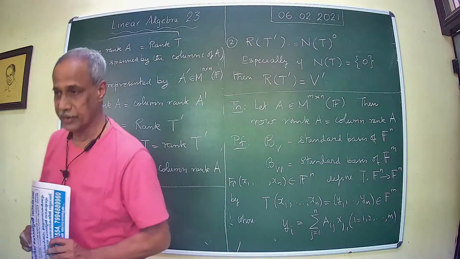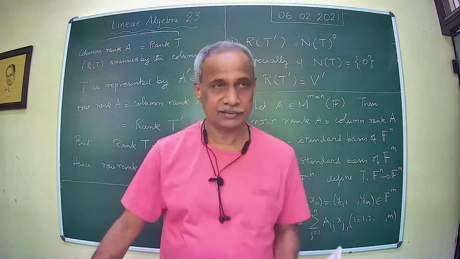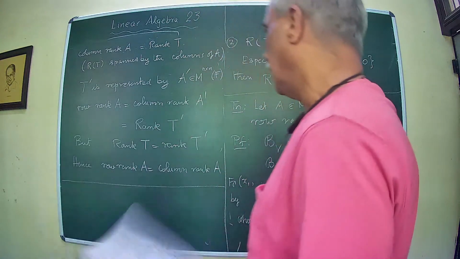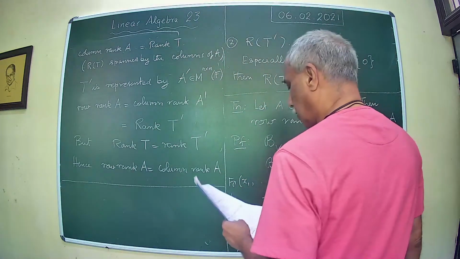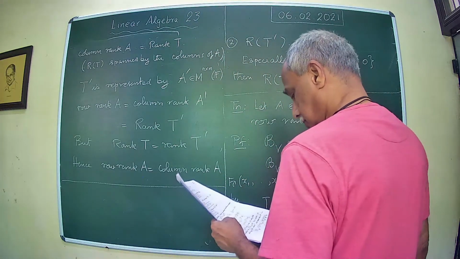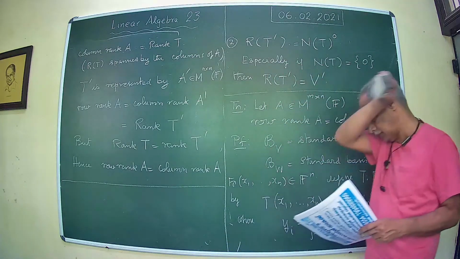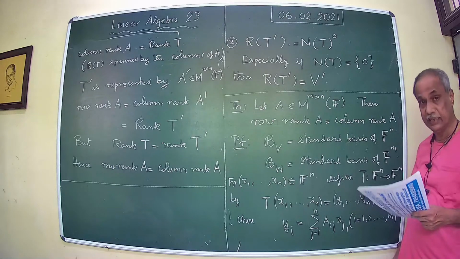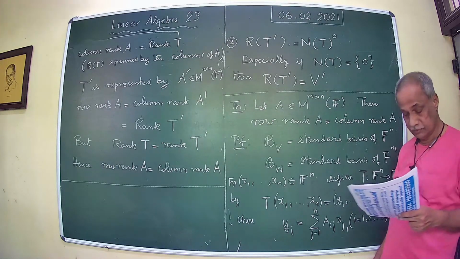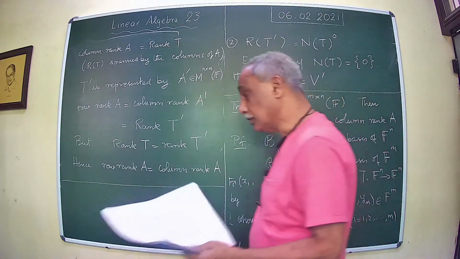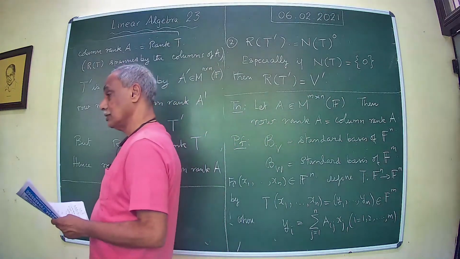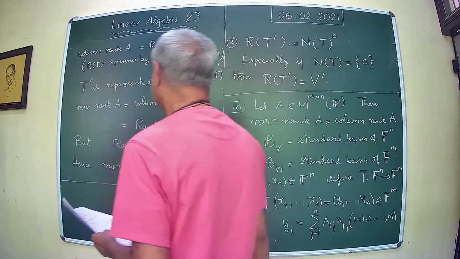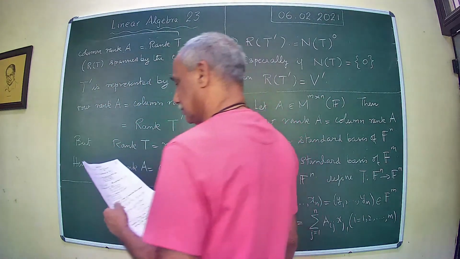Now what we try to do is an alternative proof of the connection between the matrix representations of T in two different ordered bases. So let us start with that.